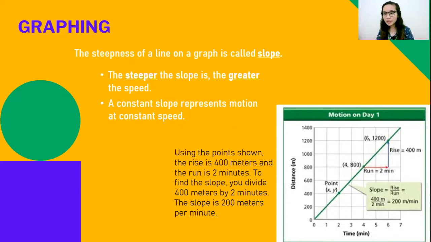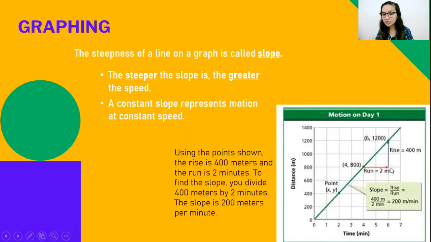So how? We have here an example. In this graph, you can see here a rise and a run. Your rise is equivalent to 400 meters, the blue arrow going up, and your run is the red arrow, that's 2 minutes. So 6 minus 4, that's 2 minutes, and 1,200 minus 800, that's 400 meters.